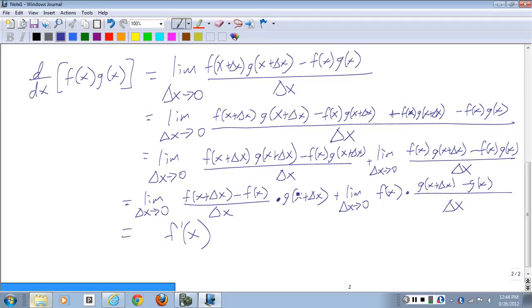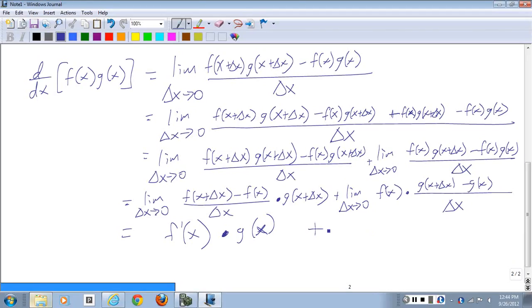And a function must be continuous in order to be differentiable. So g is continuous. If delta x approaches 0, this expression inside here is approaching x. So the value of that expression is approaching g of x as a consequence of the fact that g is a continuous function. So times g of x when delta x approaches 0.